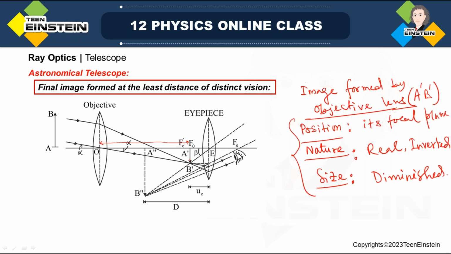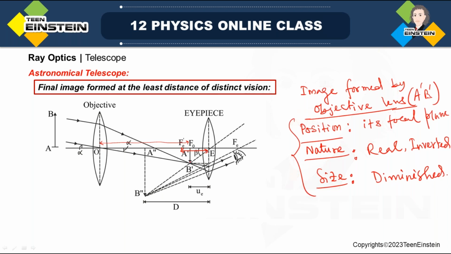Now look, the position of this eyepiece is so adjusted that the image formed by this objective will be coming within the focal length of the eyepiece. See, FE is the focal length of the eyepiece. This is the focal point. So this is the focal length.